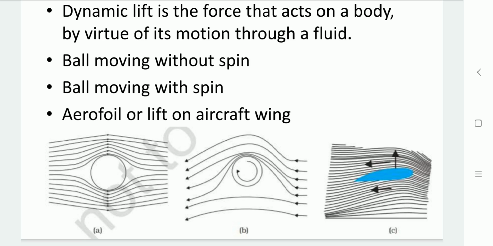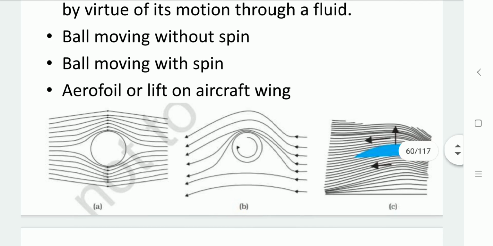When the aerofoil moves against the wind, the orientation of the wing relative to the flow direction makes the streamlines crowded together above the wing compared to below it. So the speed of flow on the top is higher than on the bottom, which generates the upward force, the dynamic lift of the wing, which balances the weight of the plane.